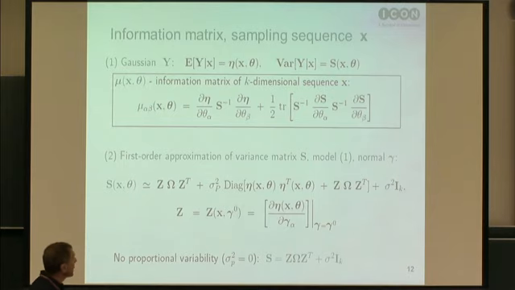One thing to note: even if we want to use this formula, we need to know how to calculate the variance-covariance matrix S. And this is actually, again, not very difficult if you use first-order approximation. And this is the formula for the variance-covariance matrix when you have a proportional component of variability.